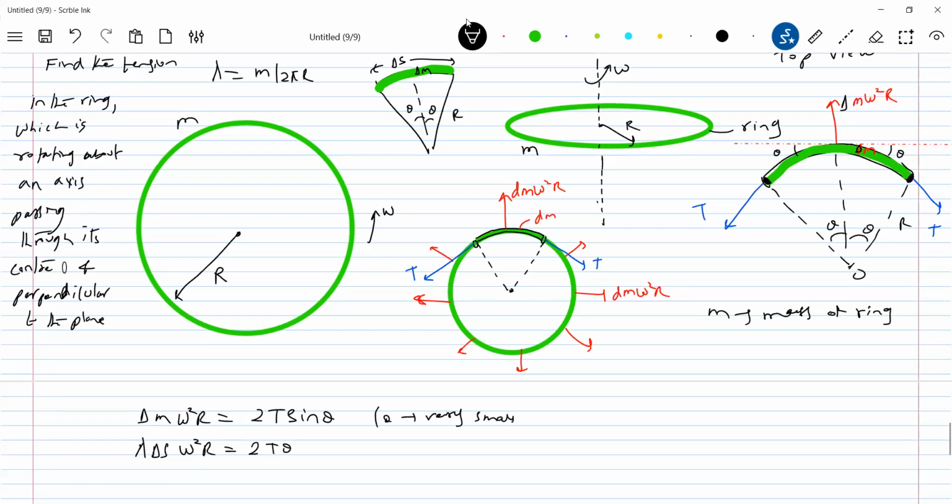So what is the arc length? Delta S will be very, very small, no? So what is delta S from the basic diagram? Delta S should be equal to r times 2 theta. It cancels out. So what do I get? Tension, I'm getting lambda omega square r square. What is further lambda? Lambda is M by 2 pi r.